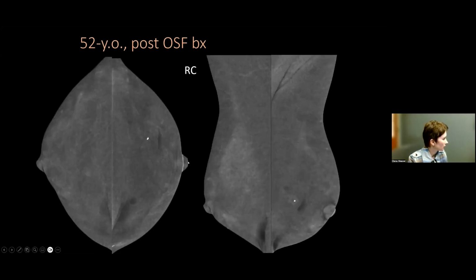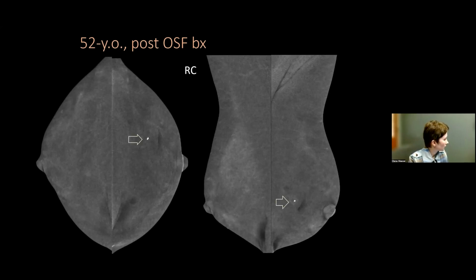And these are her recombined images. We definitely see the clip on the left. We don't see much in terms of enhancement, maybe slight on the MLO, although we do have to be careful. We know that this woman just recently had a biopsy, and recent post-biopsy changes can show some enhancement.